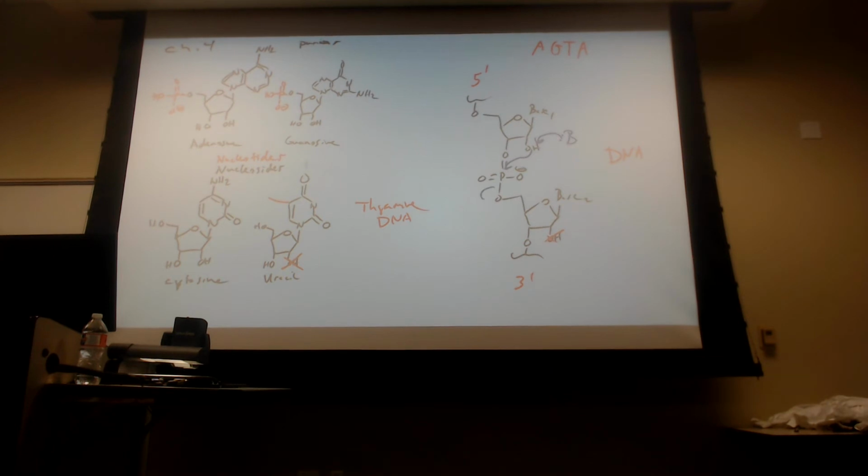Attack that, and then that could break. Whereas in DNA, what cannot happen? We can't attack there. It's not going to happen because there's no hydroxyl there. So that's why DNA is more stable than RNA. Okay, so we learned all that stuff, and that was pretty straightforward.